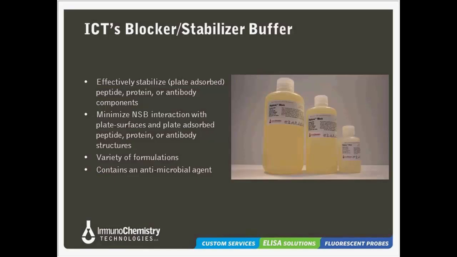All right, we have blocker stabilizers, and everybody else has blocker stabilizers. What's the difference? What are they supposed to do? That's the purpose of this slide. The idea is the blocker stabilizer is supposed to minimize sample matrix, like we were just talking about, sticky things from sticking to the blocked plate surface.